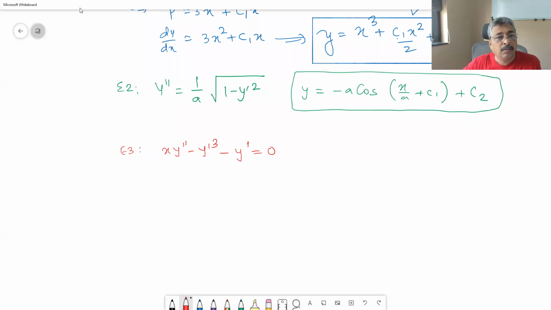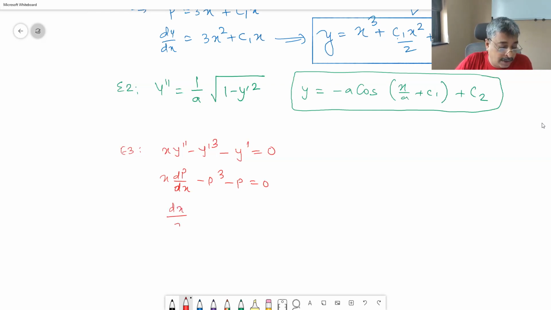Solve. Okay, so let us write the complete solution of this. First thing is x dp by dx minus p cube minus p is equal to 0, and I think this is good.